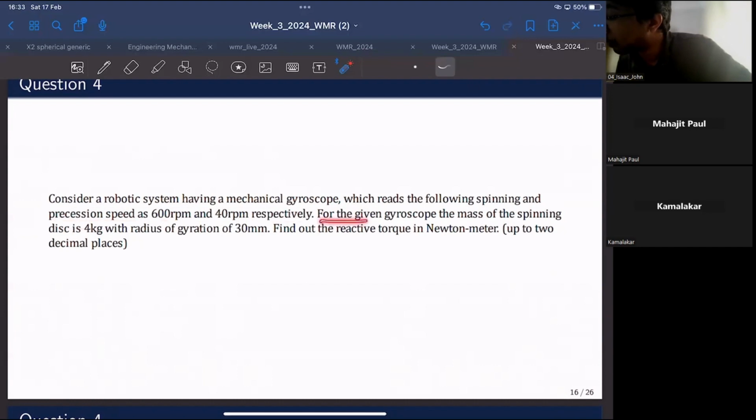For the given gyroscope, the mass of the spinning disk and radius of gyration are given. Find out the reactive torque in Newton meters.